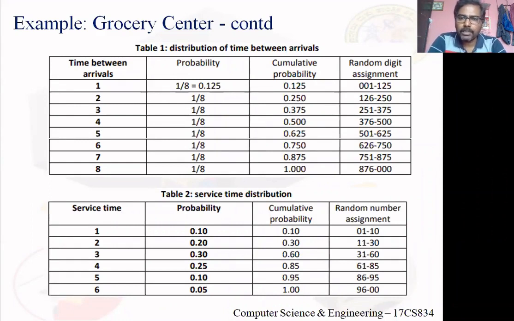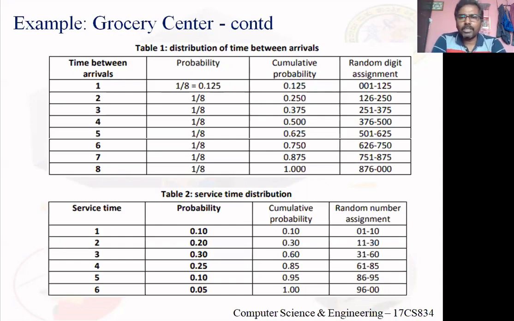I sum it with the probability of the next arrival, which is 0.125, and get 0.25. Now the current cumulative probability is 0.25. Summing with the probability of the next arrival, 0.125, I get 0.375. Similarly, 0.375 plus the next arrival's probability, 0.125, is 0.5. This will do. So next, the random digit assignment.